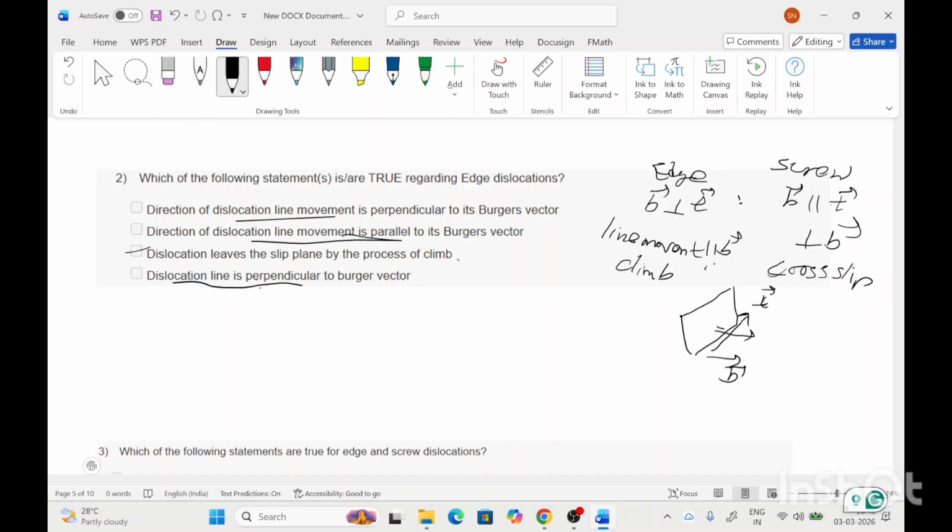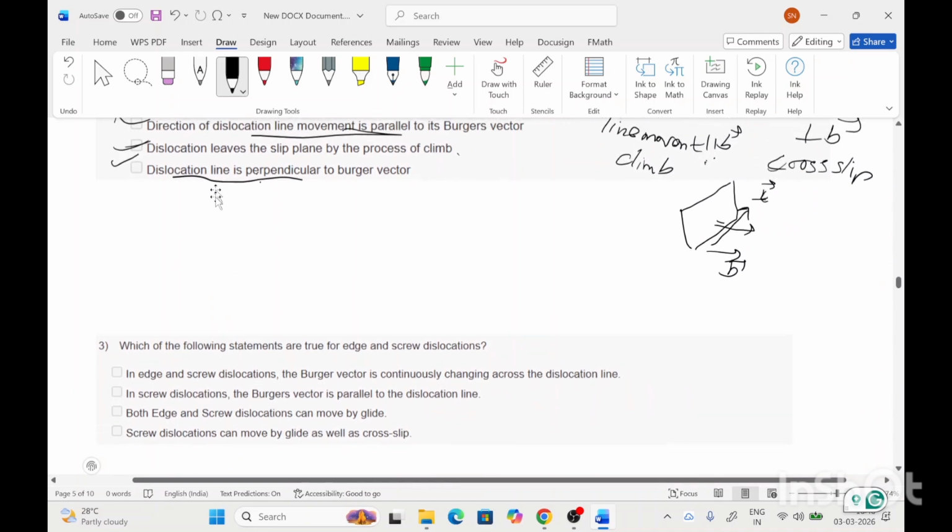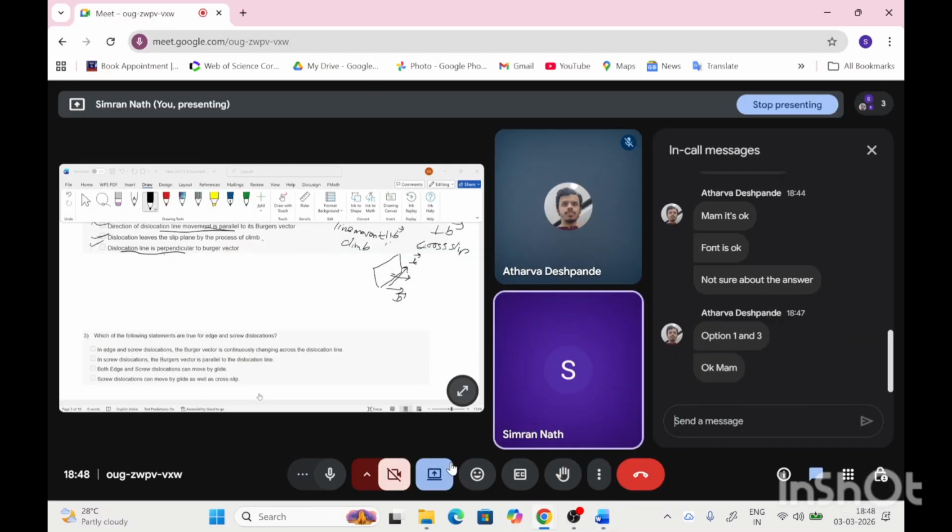As the dislocation moves in this direction, the dislocation line also moves parallel to b. So the B, C, and D options are correct. Okay, so we'll go to the next question. We are asked which of the following statements are true for edge and screw dislocation.